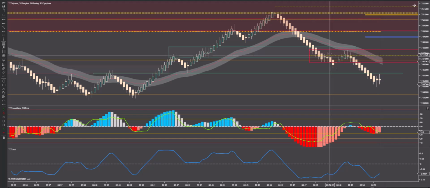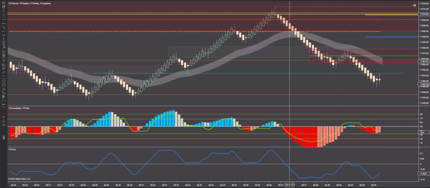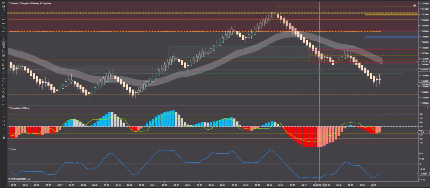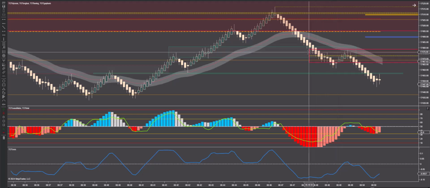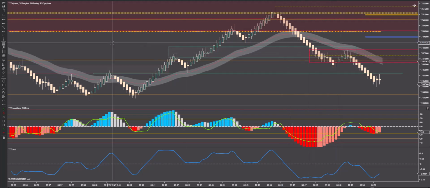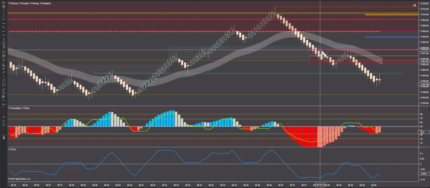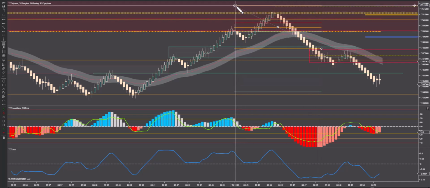All right, so now we have our gap zone, so we know that this gap that's put in there, that zone, is now going to be a measured move of, most likely, this swing that happened, and you can measure it from the top or the bottom.